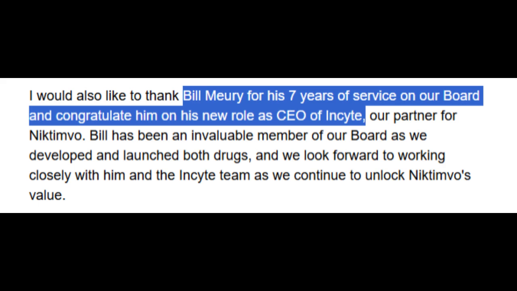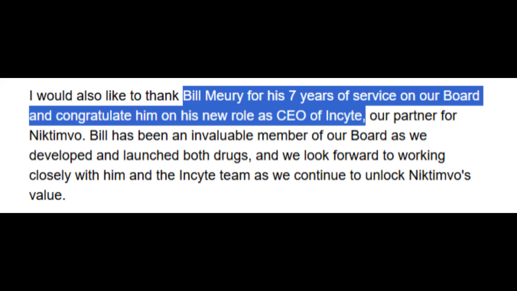Insight is the company that they sold 50% of Niktimvo for. That's what they are mentioning in the second part of this paragraph. And a member of the board of directors for Syndax is leaving the board to become the CEO of Insight, the company that is most likely to buy Syndax if it's going to get bought out.